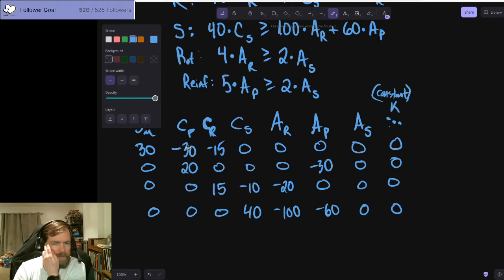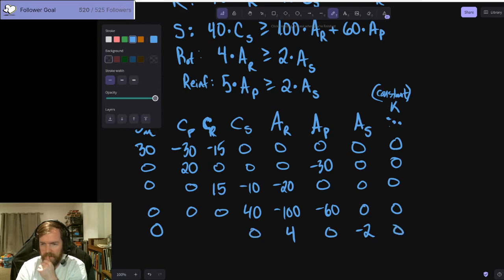Well, let's see if miraculously this is going to produce some sort of reduced echelon form, which is going to be decently nice. So this is 4 AR with -2 AS, and 5 AP for -2 AS.